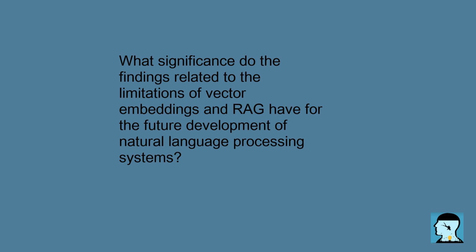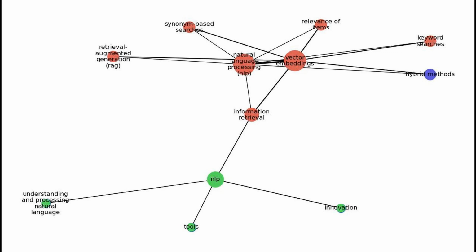What significance do the findings related to the limitations of vector embeddings and RAG have for the future development of natural language processing systems? The findings regarding the limitations of vector embeddings and retrieval-augmented generation, RAG, are significant for the future development of natural language processing, NLP, systems in several ways. 1.